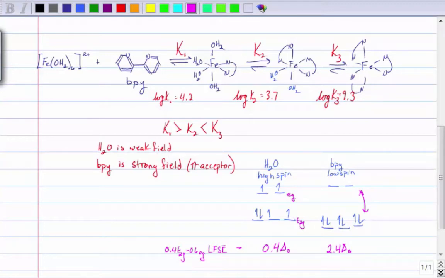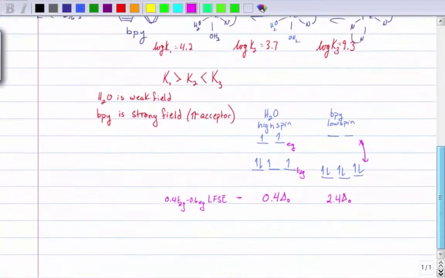So that iron with 3 BIPY ligands is much more stable than the high spin complex. So you see that there's an electronic structure change that happens between this complex here and this complex here. And that's represented by that increase in the log K, which is just telling you about the stability of the complex.